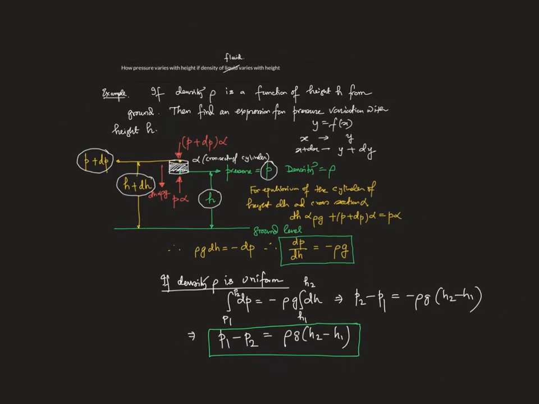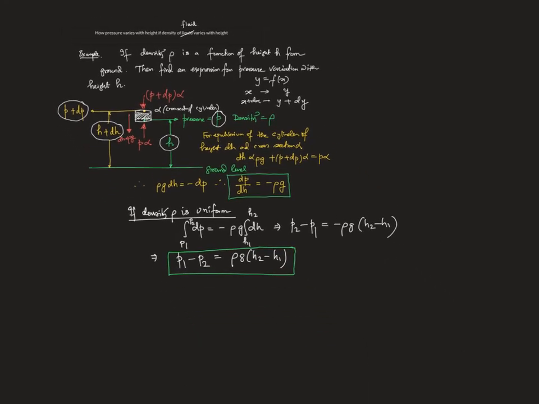Here p1 minus p2 means point 1 is at a lower level. This is the ground level. So you have a point 1 here and a point 2 here, inside the uniform density fluid, mainly a liquid. That's height h1 and that's height h2.